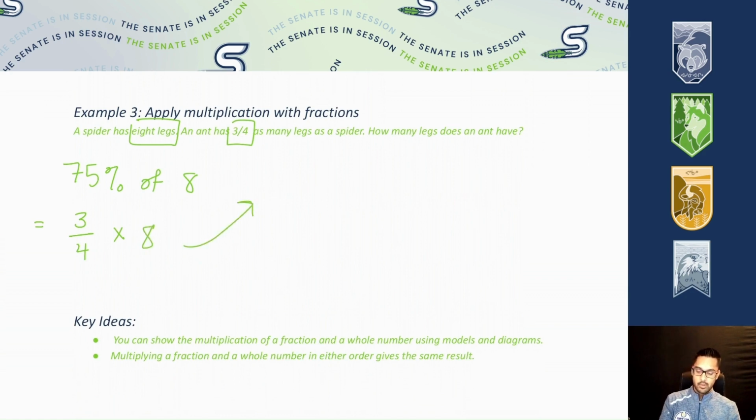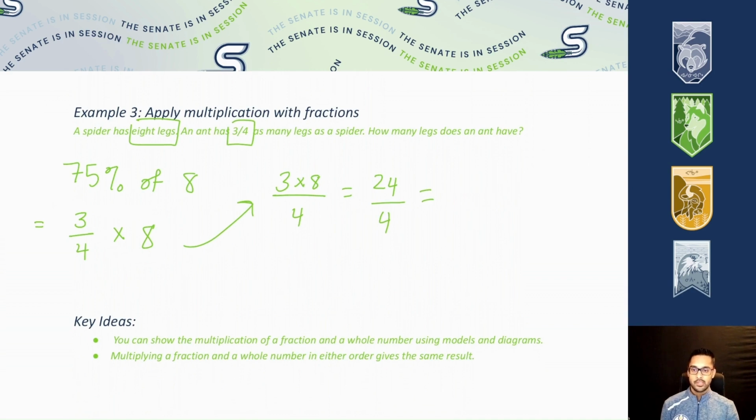So if I remember what my pattern is, I can take the numerator and the whole number, and those get multiplied together. So 3 groups of 8 divided by our denominator of 4. 3 groups of 8 is going to get us to 24. I still have a denominator of 4, and now if I go to reduce this one, I have my improper fraction already.